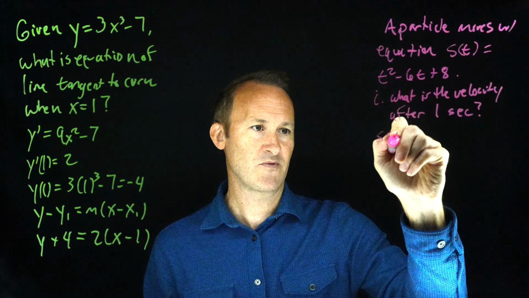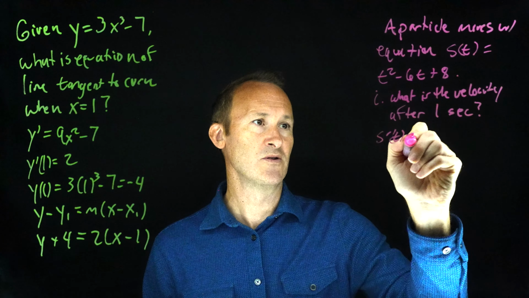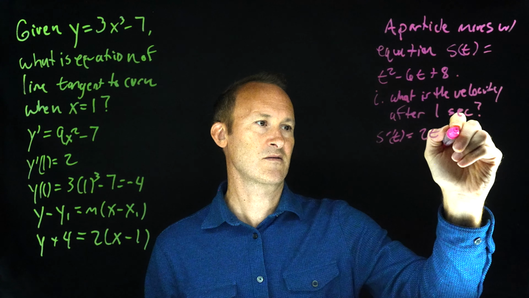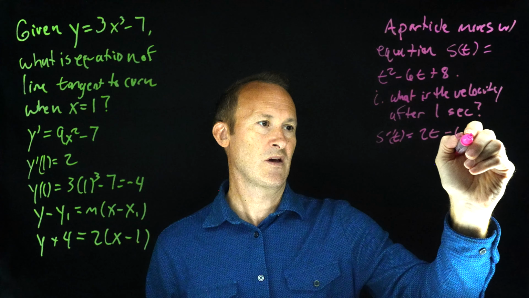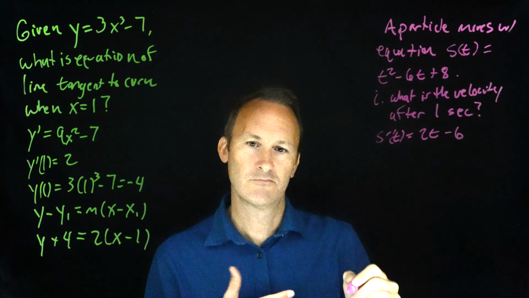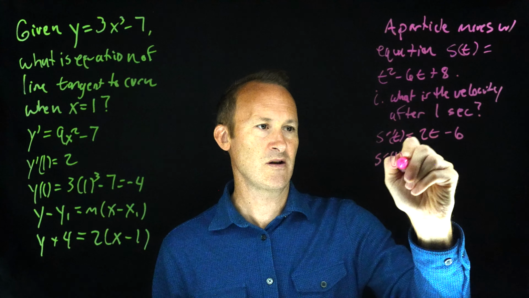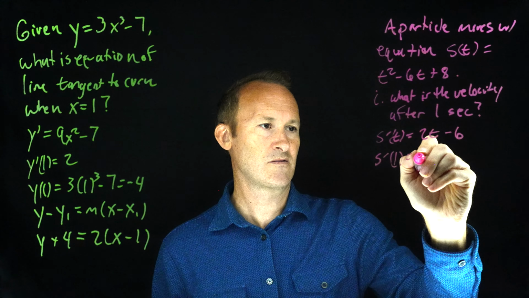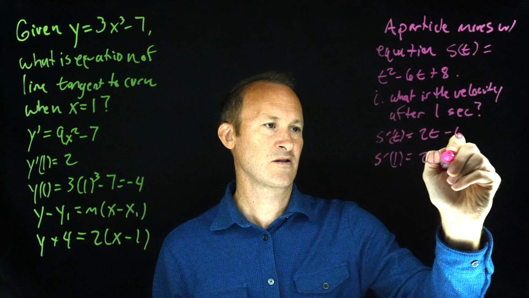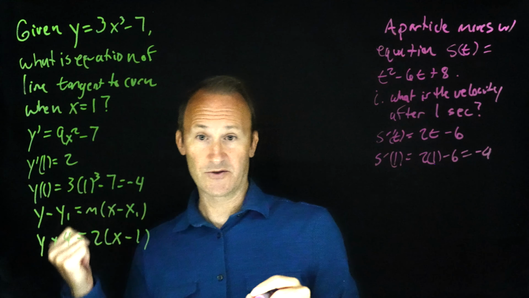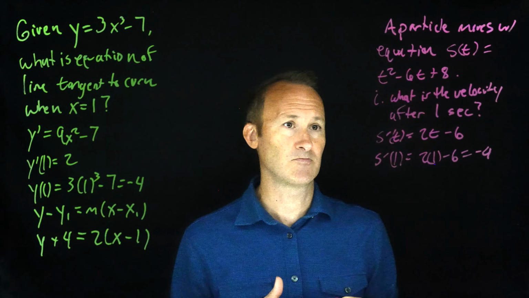We say s prime of t equals 2t minus 6. And so after 1 second, you just plug in 1. I put in a 1 here, and I get 2 times 1 minus 6, which will give me negative 4. So for velocity, that means the particle is going backwards at that time.